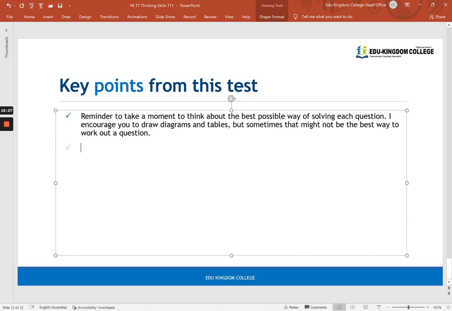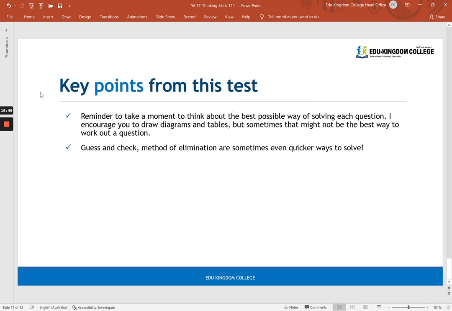Guess and check, or method of elimination are sometimes even quicker ways to solve. So don't get too stuck on drawing those diagrams like we usually do. Just take a second, take a breath, and have a look at what will help you solve the question fastest.